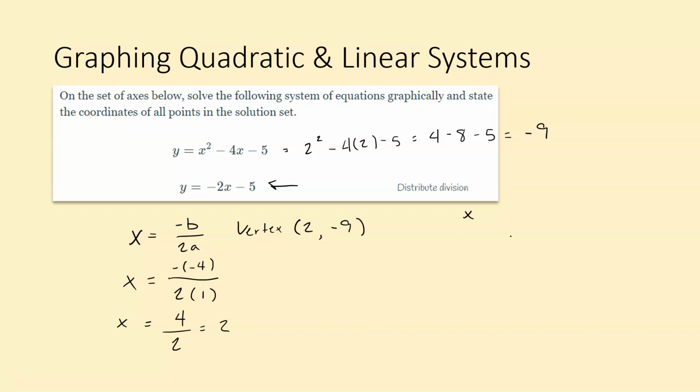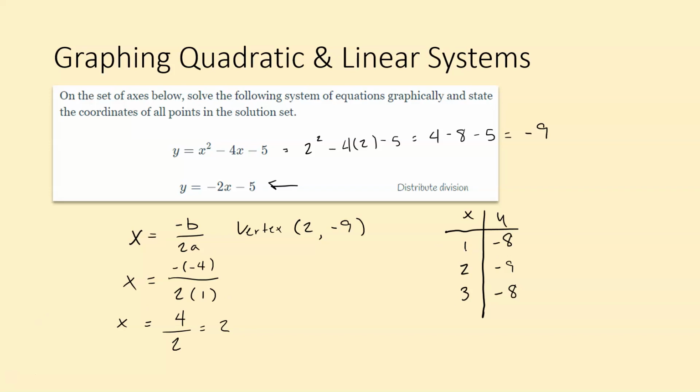So with that in mind, we can make ourselves a little table. We know our vertex is 2. Then we want to plug in 2 points around that. Since our a value is 1, I think we could just do 1 and 3. So I'm going to go ahead and plug in 1 and 3 to fill out the rest of this table.